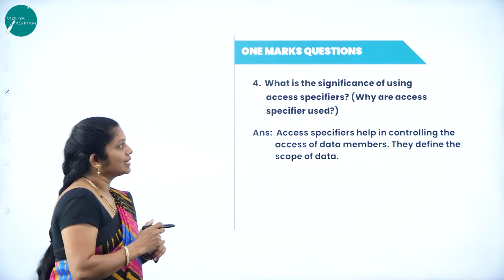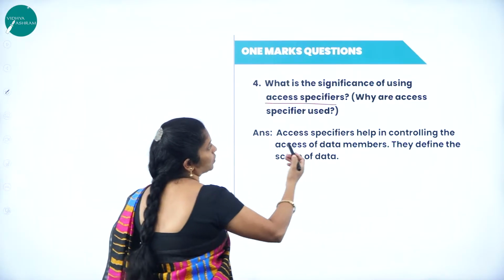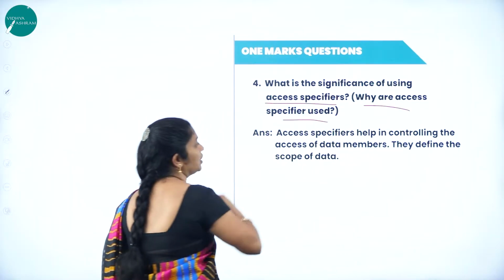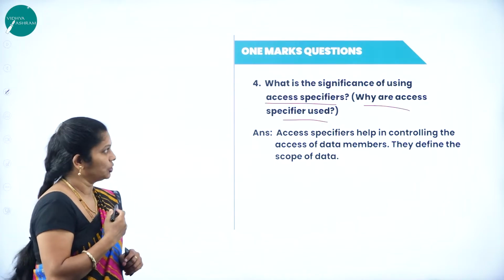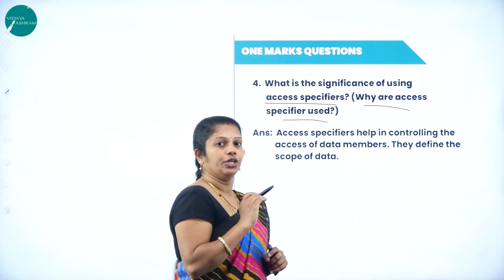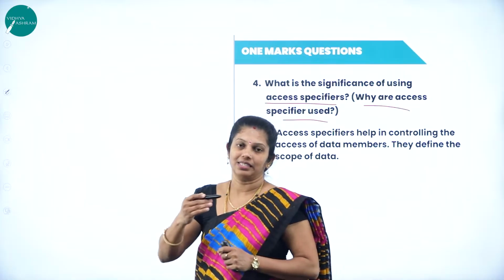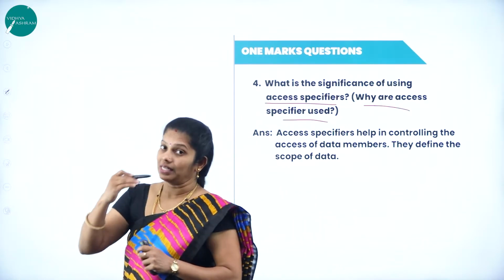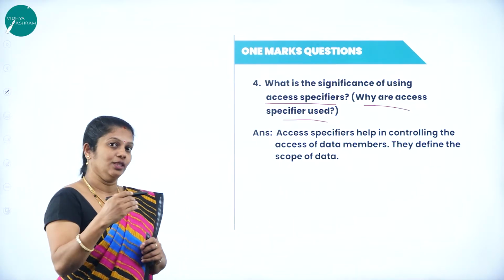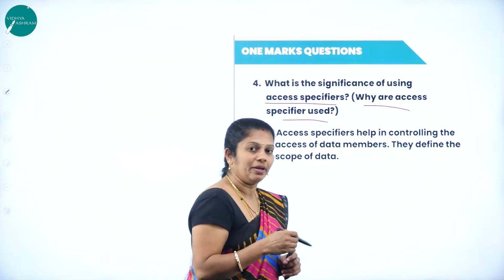Next you have, what is the significance of using an access specifier? That is why access specifiers are used. We can get questions in this way. The access specifier gives the scope of the data, whether the data can be accessed or not. If it can be accessed, then who can access the data, whether it's private, public or protected.